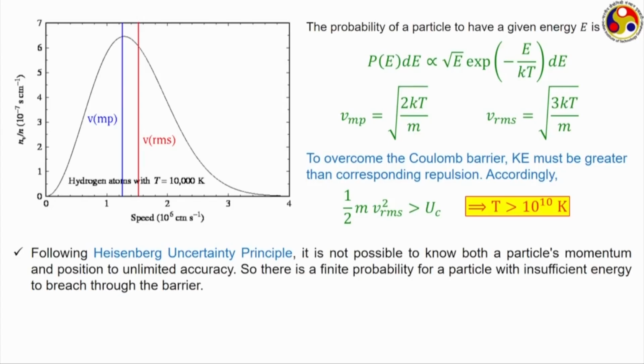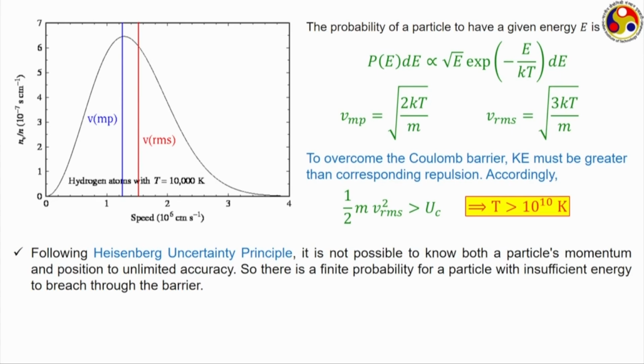Let us proceed further. There are a couple of factors which say that the value of temperature that we are getting may be an over prediction. One factor comes from Heisenberg's uncertainty principle. As all of you know from school level physics, the particle's momentum and position cannot both be predicted together with certainty.